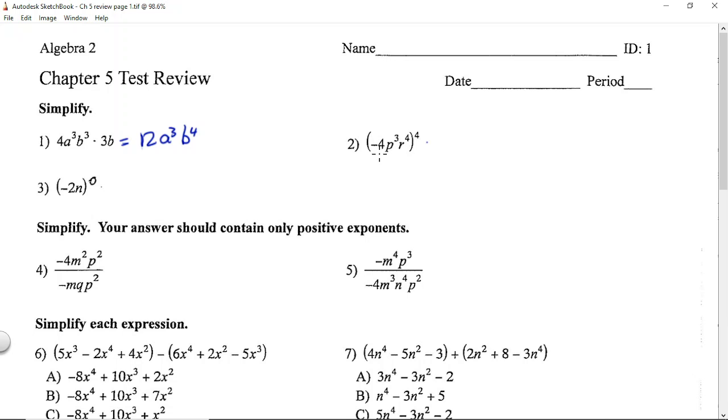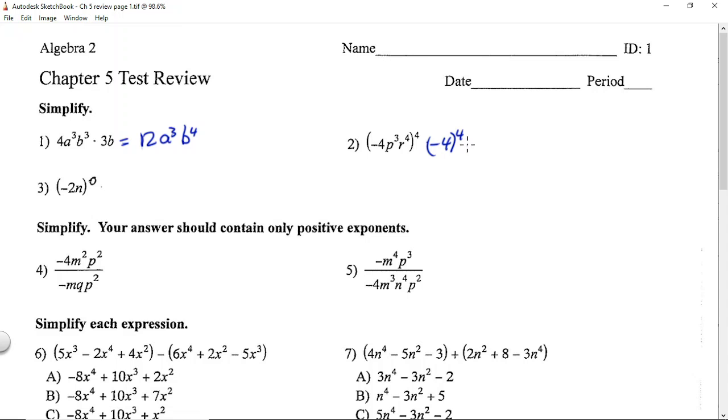And for a number, that just means we have this -4 raised to the fourth power, and we calculate what that is. For a variable that is raised to an exponent, you multiply exponents. That is, you multiply that exponent that is on the variable times the exponent that's outside the parentheses. Okay, that's applied to the whole expression.